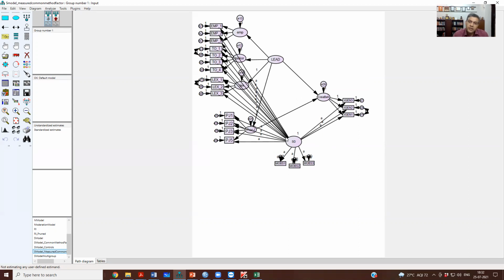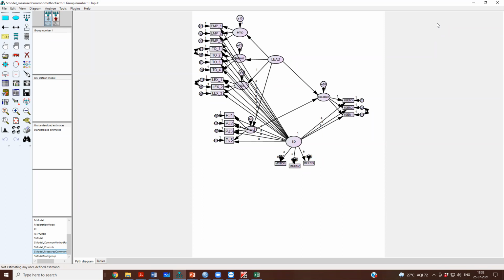So the moment you model it like this, social desirability, you have estimated social desirability and you have also corrected these paths automatically, leadership, creativity, and procedural justice. You have corrected these relationships for social desirability. That means you have accounted for social desirability. So if you can show that these paths are significant after this model, then it is a very good test of robustness of your relationship.